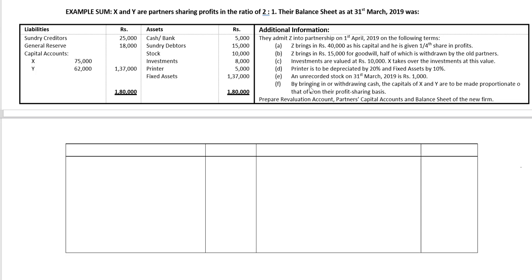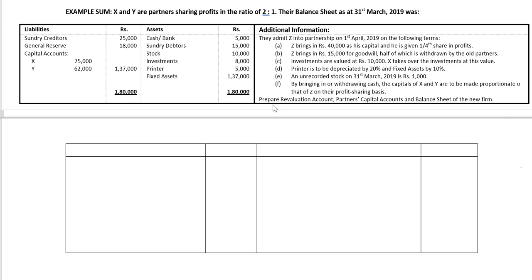Point E, an unrecorded stock on 31st March 2019 is rupees 1,000. Point F, by bringing in or withdrawing cash, the capitals of X and Y are to be made proportionate to that of Z on their profit sharing basis. We are asked to prepare revaluation account, partners' capital accounts, and the balance sheet of the new firm.